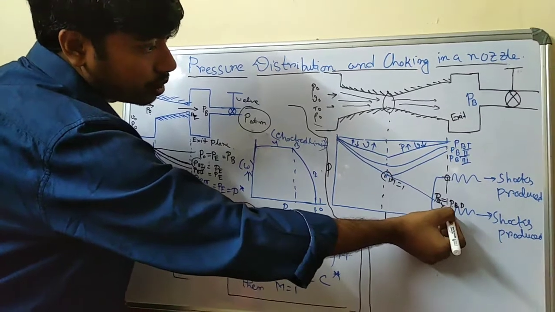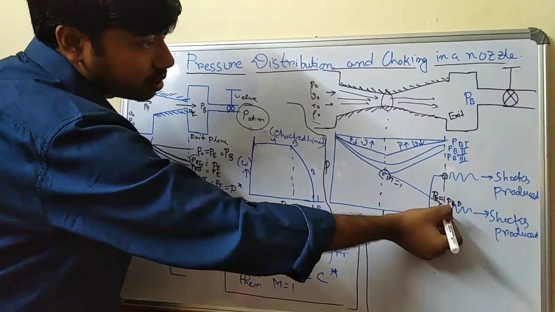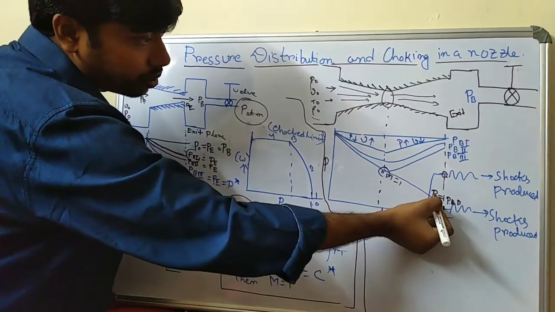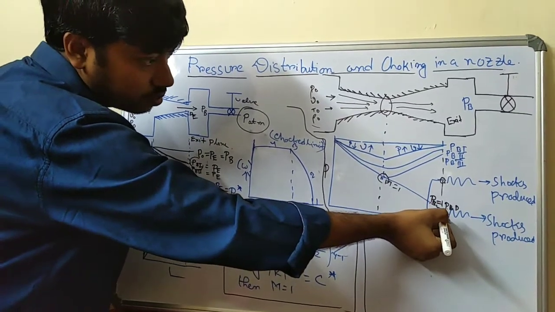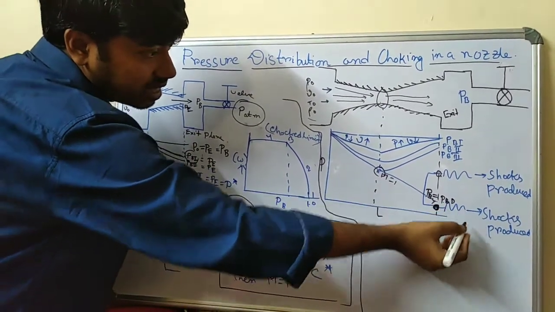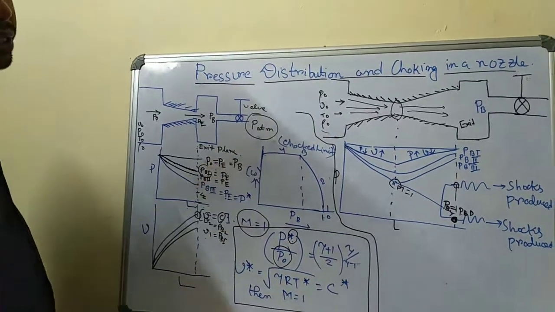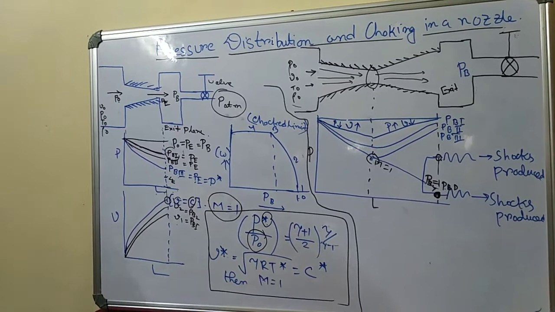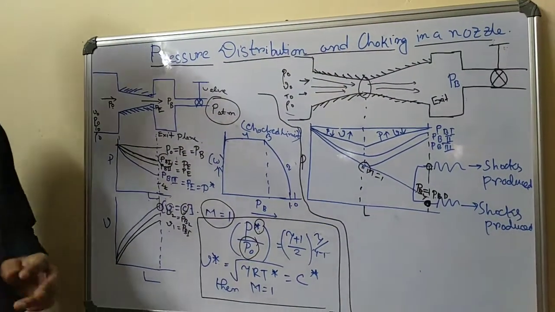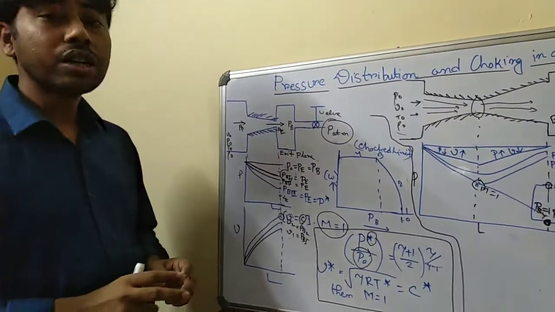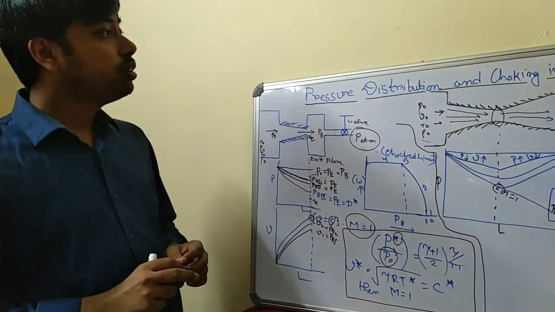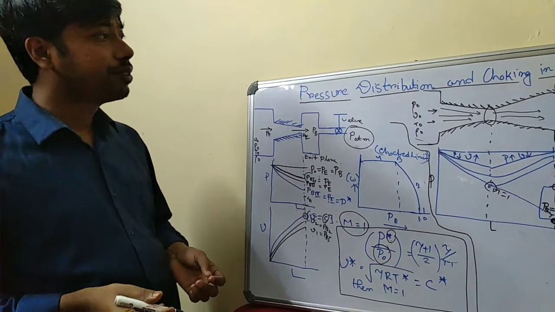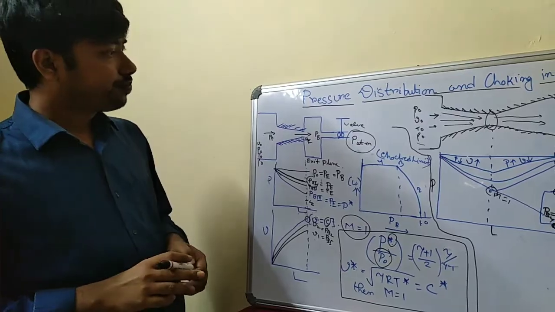Similarly, when the back pressure is below this design pressure line, a shock will be produced. That shock is basically called a normal shock. Shocks are basically of two types: normal shock and oblique shock. We'll discuss this in the next lecture video.